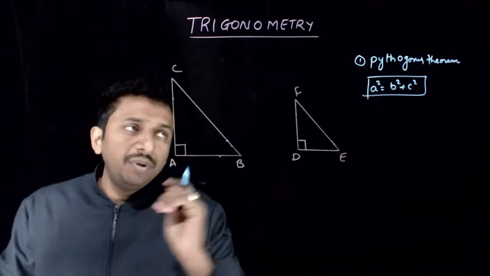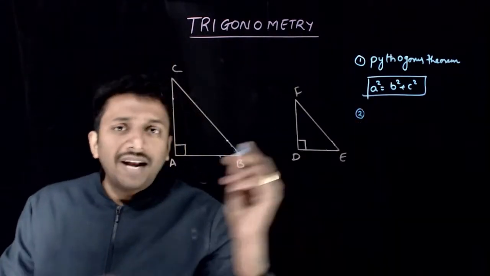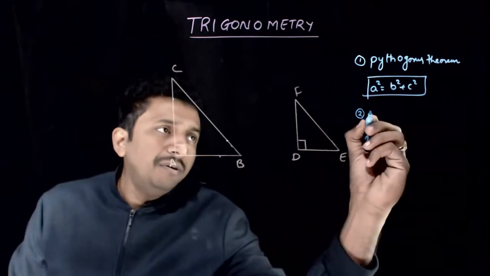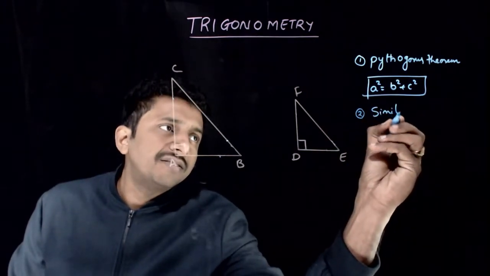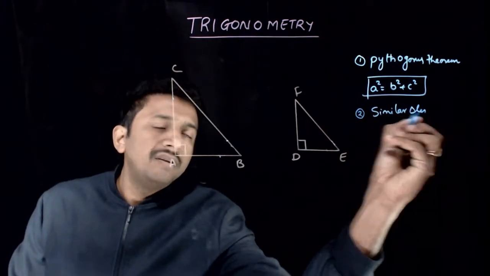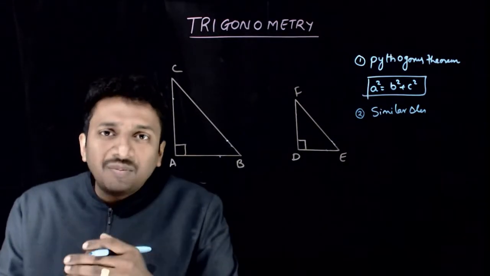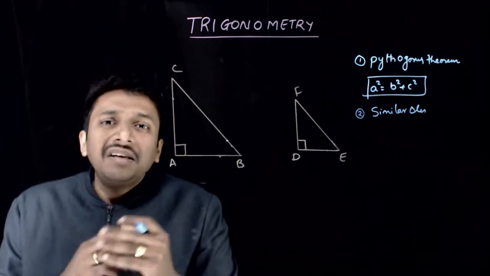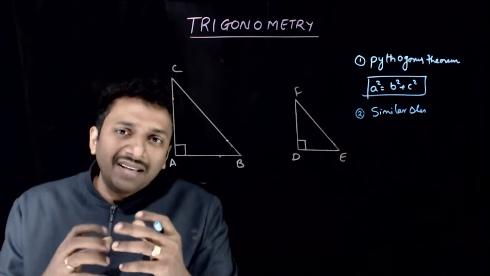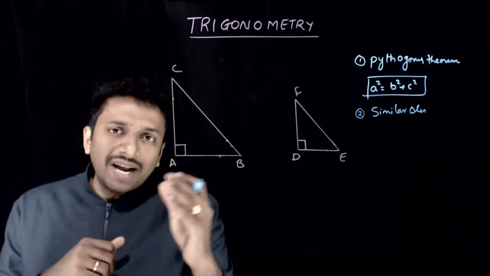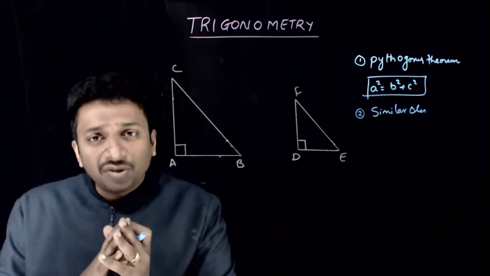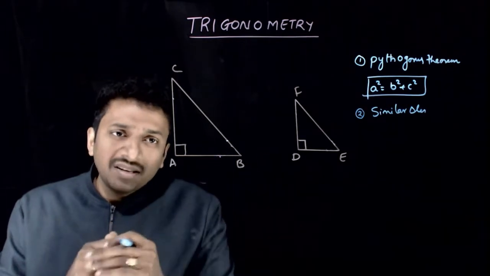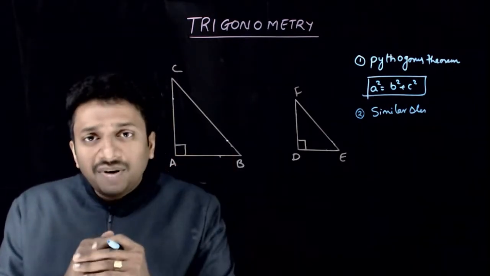So the second beauty of right angle triangles is with regard to similar triangles. Usually if 2 triangles have to be similar, then at least 2 of their angles have to be equal. In right angle triangles, one angle is already equal. If you take 2 triangles, one of the angles is already 90 degrees.